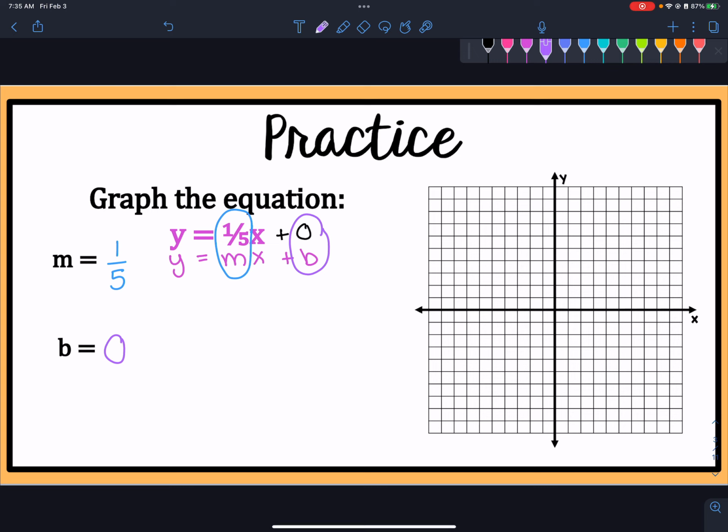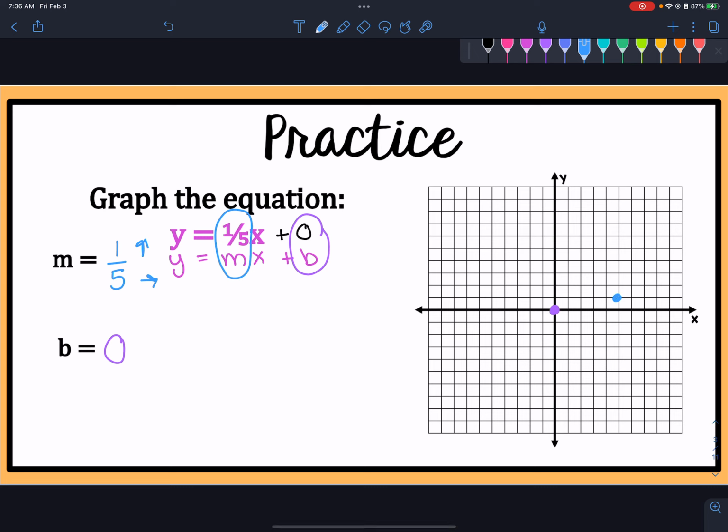So when we begin graphing, we're always going to start with the y-intercept, or b value. So if we're starting with 0, I'm going to put a point on the origin. Now, I have to move with a slope of 1/5. Both values are positive, so I'm going to go up 1 and right 5. So I'm going to count up 1 and then count right 1, 2, 3, 4, 5.